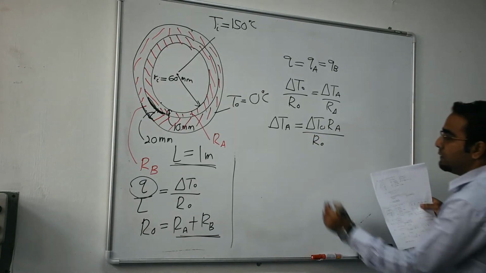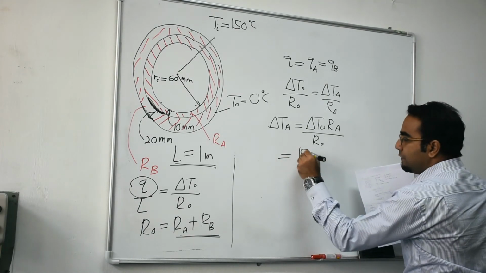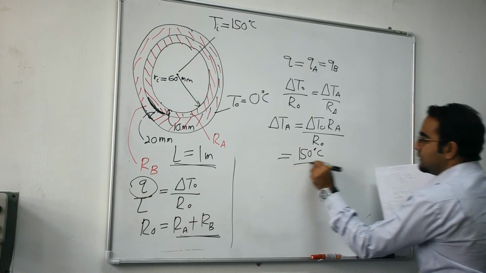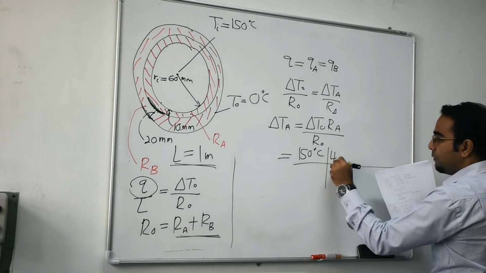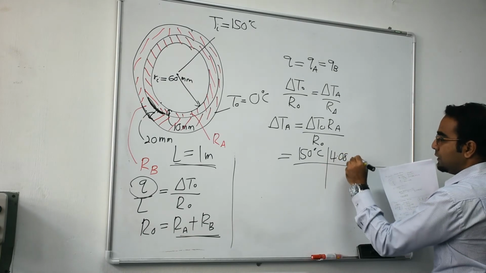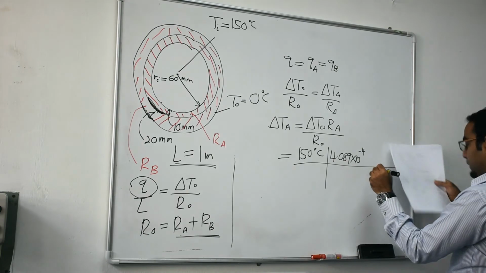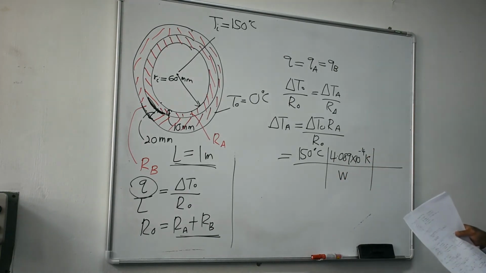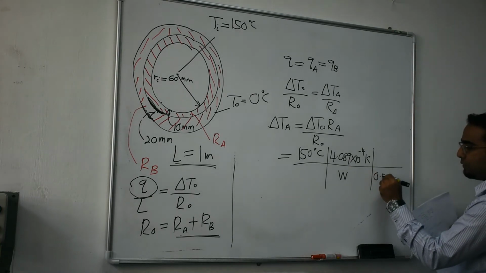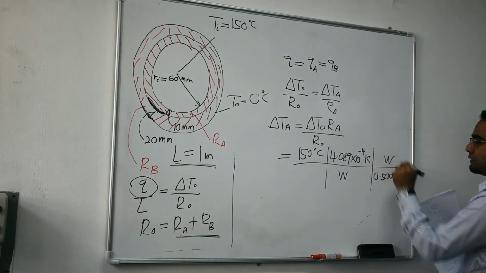So the value is going to be delta T overall is 150 degrees Celsius times the value of RA, which is 4.089 times 10 to the power of negative 4 Kelvin over watt, over the value of R overall, which is 0.5004 Kelvin over watt.